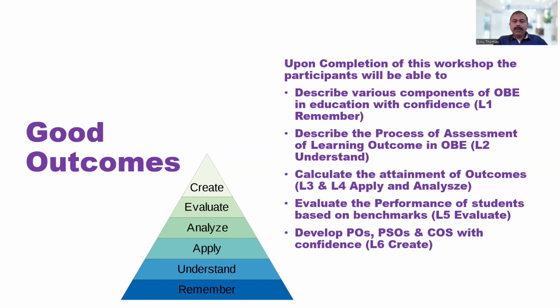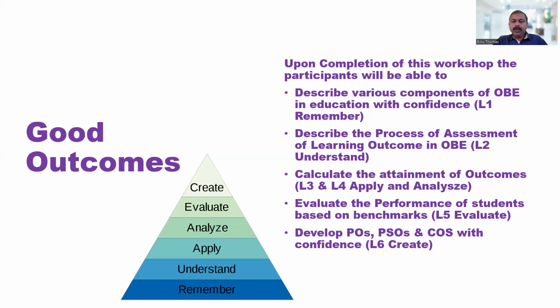Then if I keep my third outcome like this, you are able to calculate the attainment of outcomes. If you are able to calculate this, you are able to apply what you have learned, so we are reaching level 3 or 4 of Bloom's taxonomy.